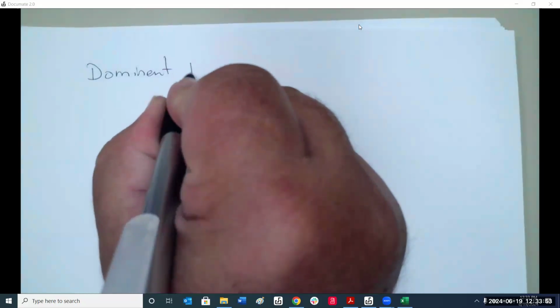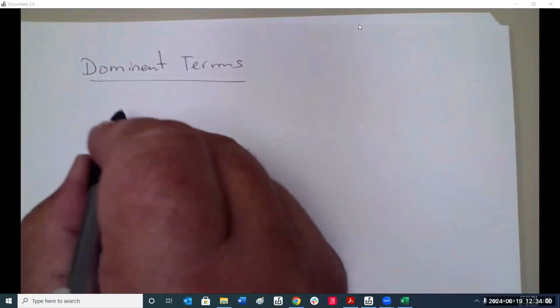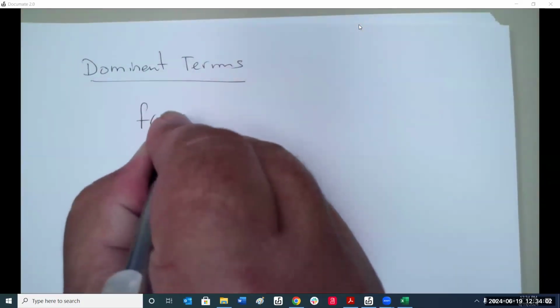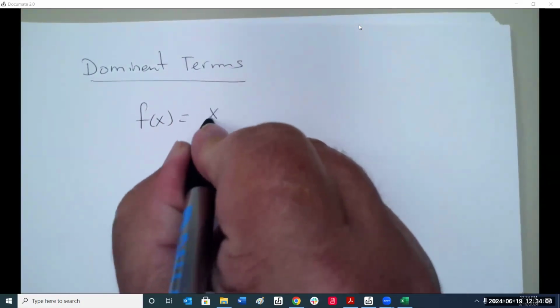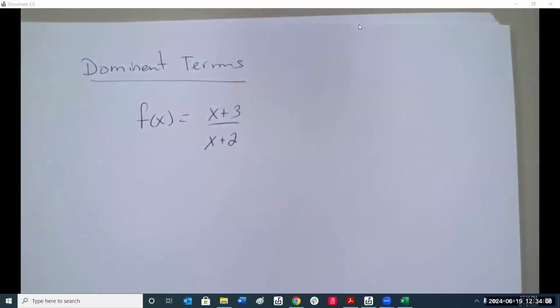Now, dominant terms. The example we had earlier, which was x plus 3 over x plus 2.